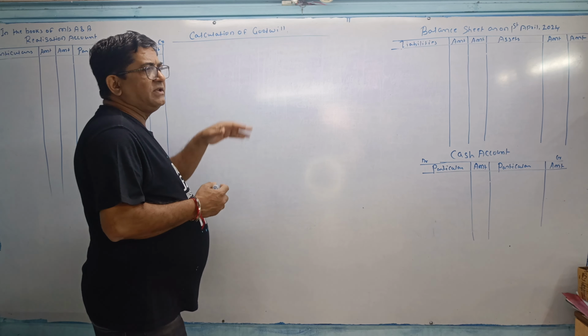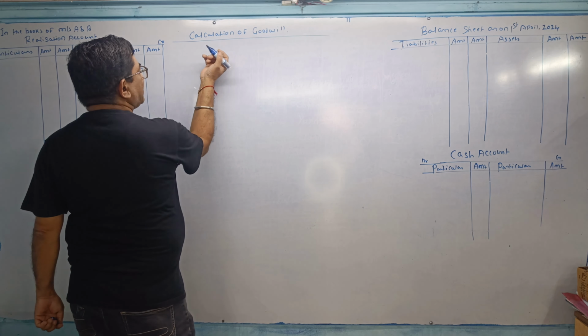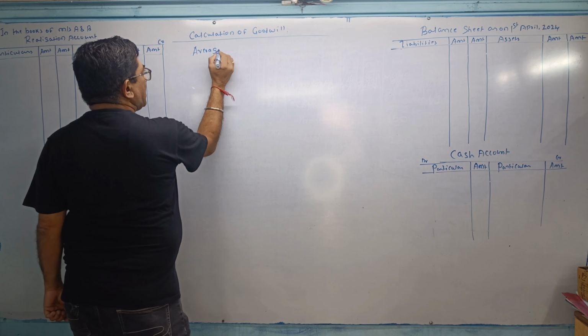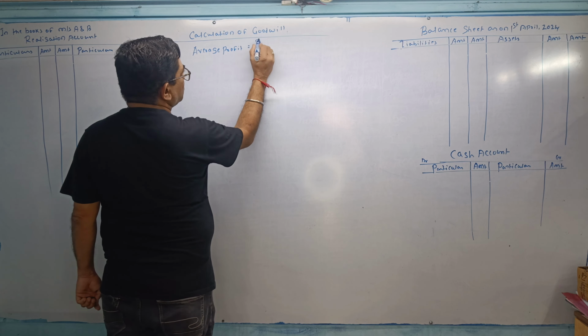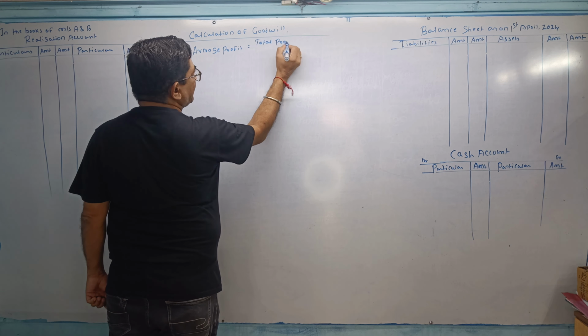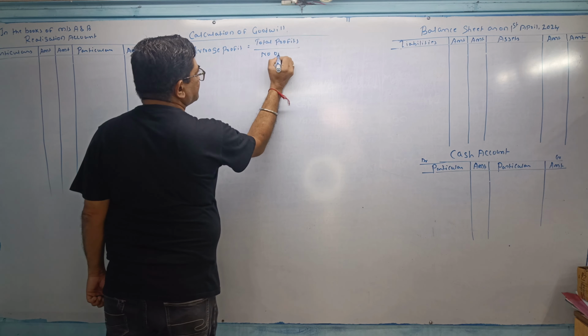So calculation of goodwill. For finding out goodwill, first we will find out average profit. So average profit equal to total profits upon number of years.